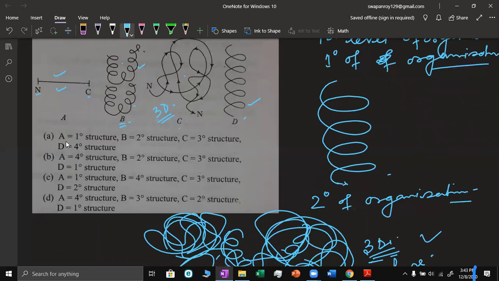A cannot be the answer here, and D also can't be, so our choice is between B and C. B is the quaternary structure, that is the fourth level, so our answer is C. C here is the third degree of organization, and D is the second degree of organization.